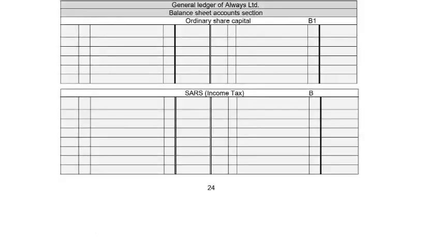Ordinary share capital account. We will start on the credit side with our opening balance. So 2024 March the 1st, we will write balance brought forward.